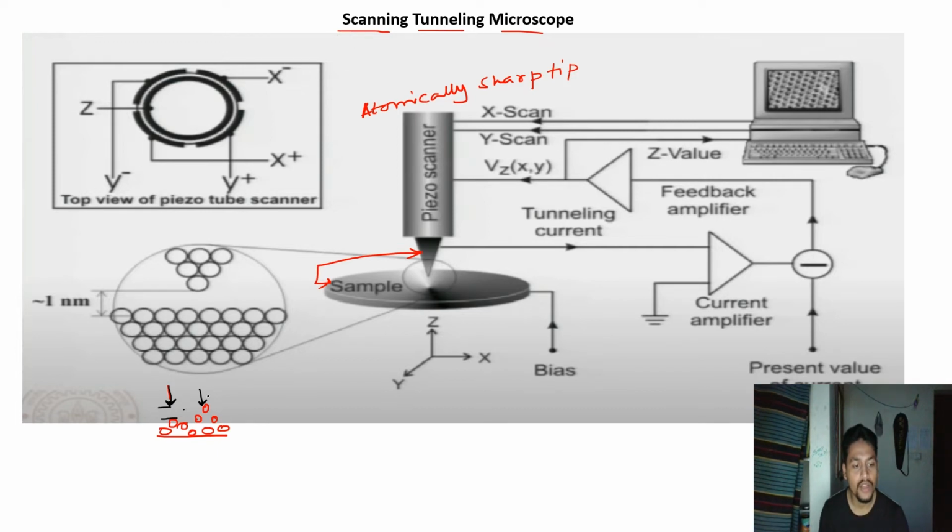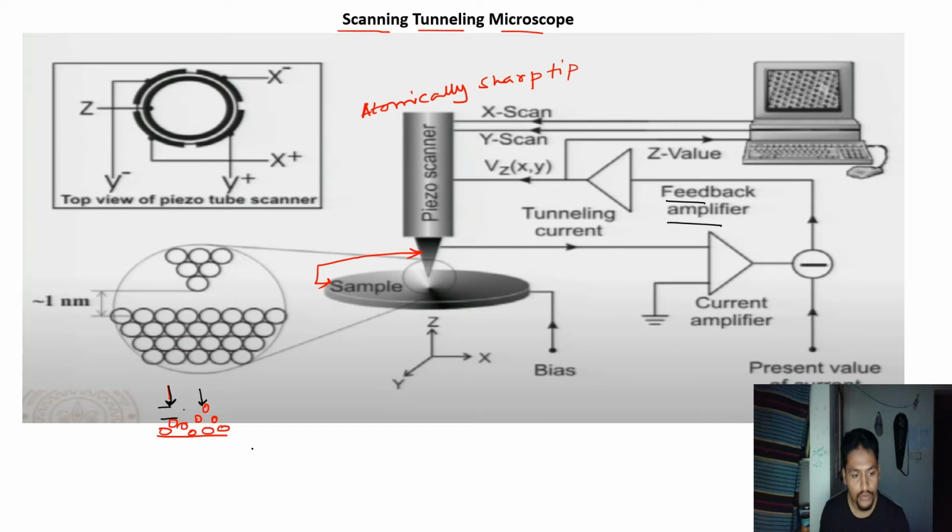So that's why the tip needs to change the height according to the surface corrugation or surface structure, and that is maintained by the feedback amplifier. There's a feedback loop which is constantly measuring the tunneling current, and whenever there is a very high tunneling current, the tip will adjust the height and maintain the same voltage.